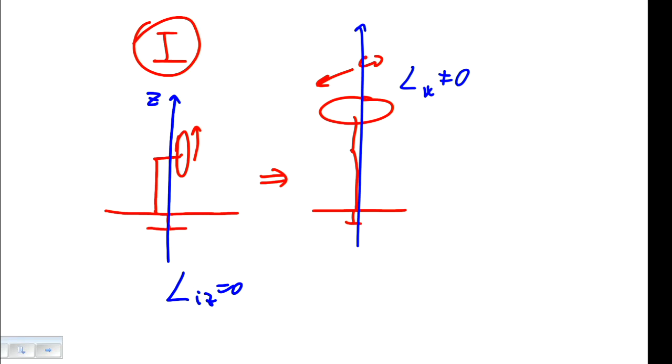Since the total momentum of the system was 0, to compensate for that, the turntable with the person should also start spinning, but in the opposite direction.